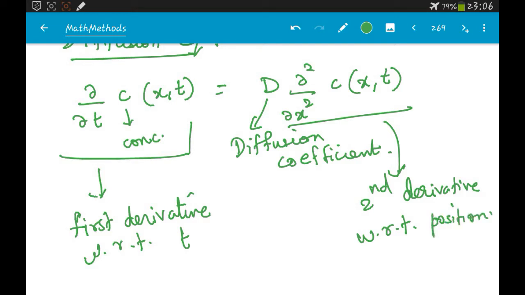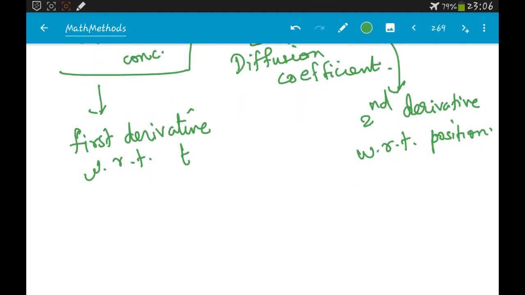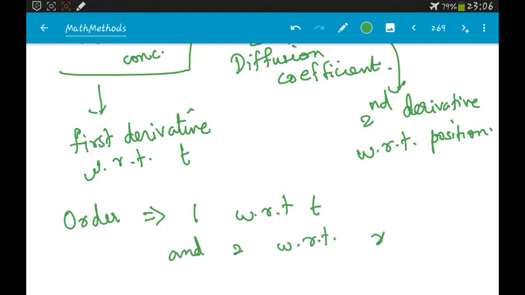So the order is 1 with respect to time and 2 with respect to position.